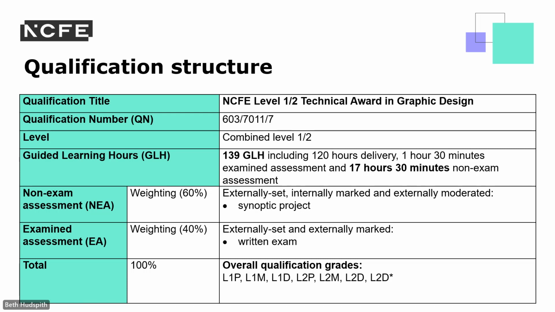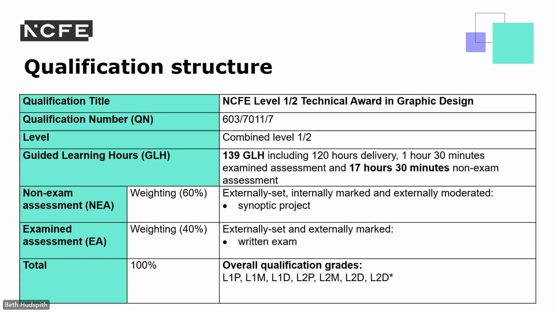So a little overview. The GLH are 139 hours and includes 120 hours for delivery, 17 hours 30 minutes for the NEA, and 1 hour 30 minutes for the EA. So the TQT is 153 hours, which includes homework that you might set and/or independent learning if you've got the facility to set that.